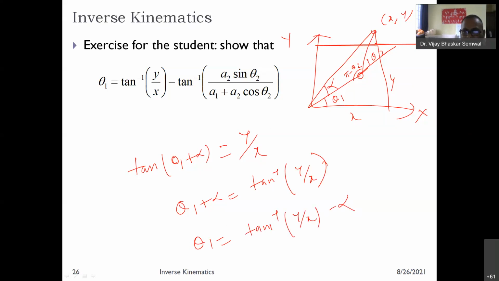How will you find the value of alpha? This angle. Okay. So this angle you have to calculate. You can take cos alpha also. Okay. This I know is theta 1. Okay. So in the case of cos alpha, this is your a1. Okay. This is a1.